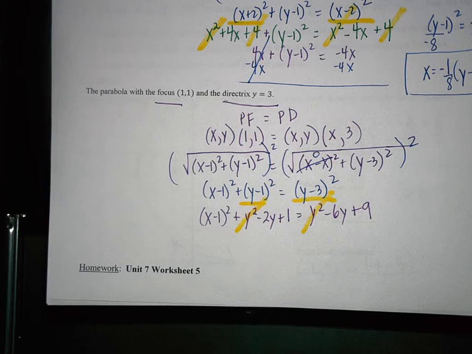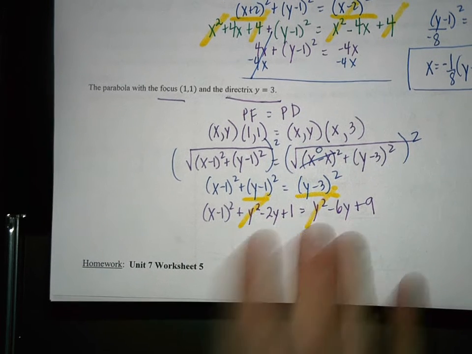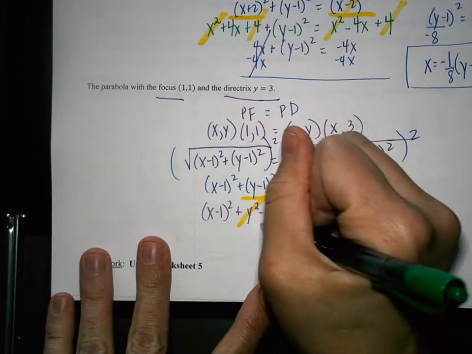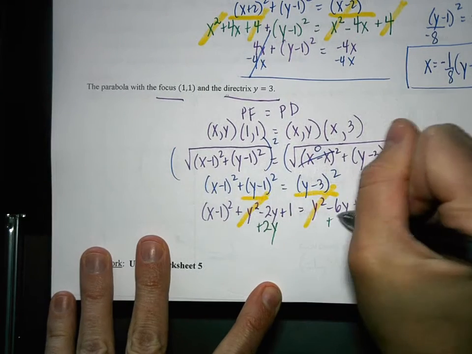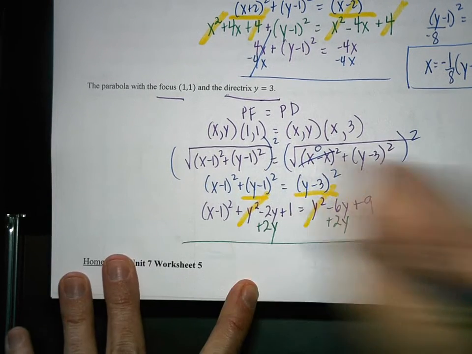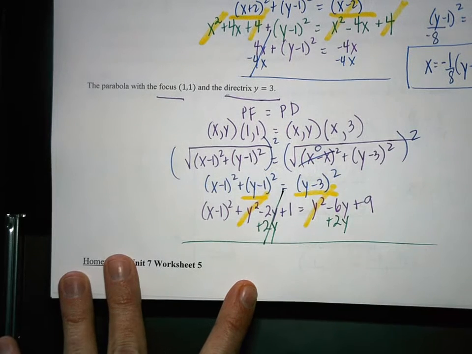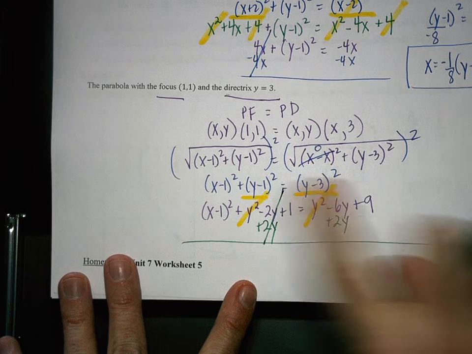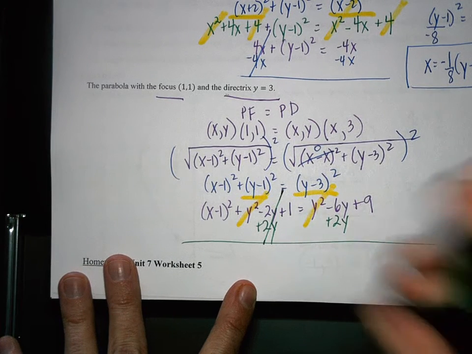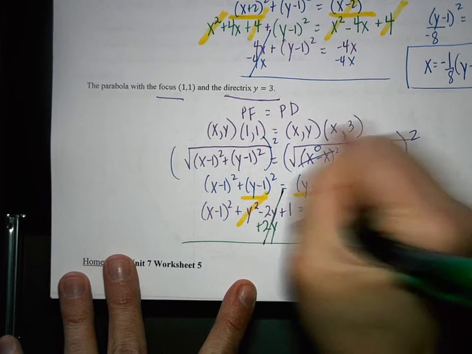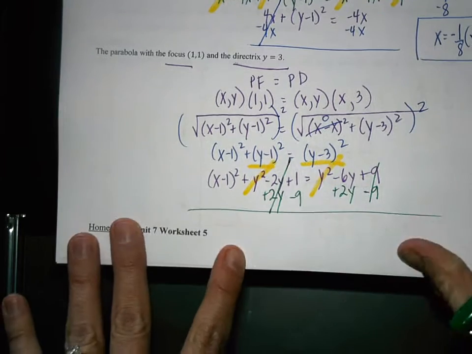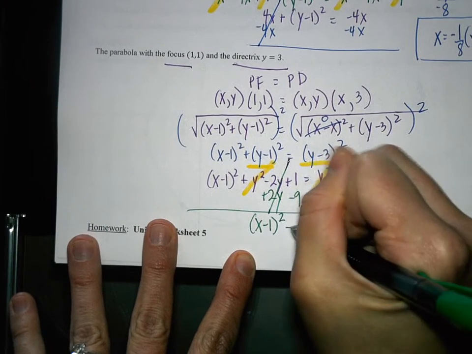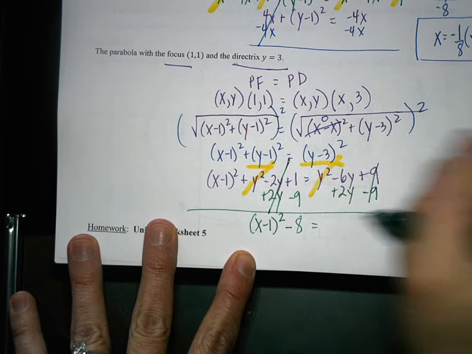But we want to combine our like terms together. Okay, so I want all the y's together on one side because we want to end up getting it to be y equals. So I'm going to add 2y to this side here, and that eliminates. And at the same time, I want to move this 9 to the other side because, again, I just want my y's by themselves. So I'm going to subtract 9 over here. So what I have right now is x minus 1 squared minus 8 equals negative 4y.